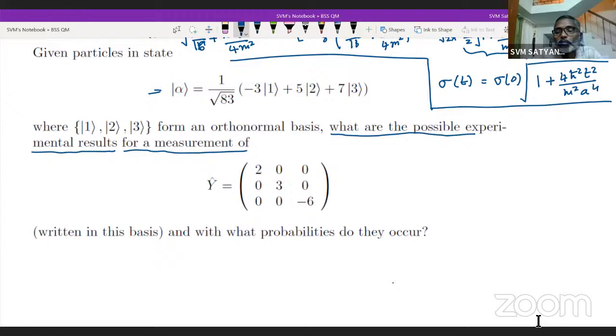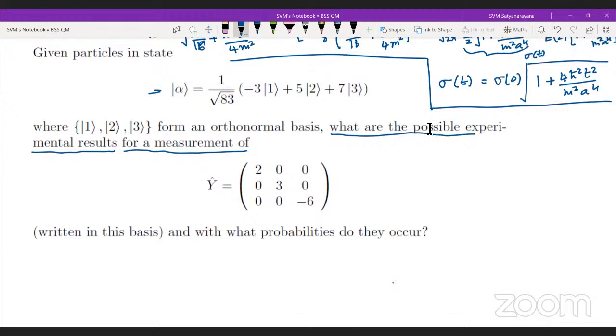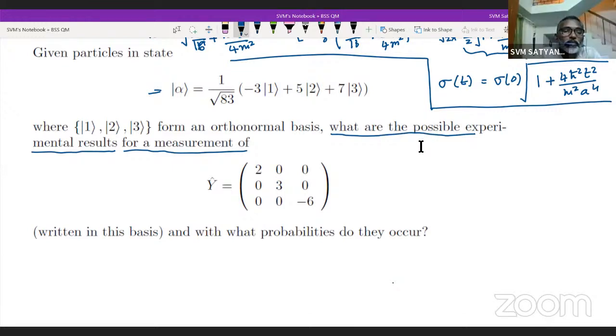Deepika? Sir? Can you answer this question? What are the possible experimental results for the measurement of Y?